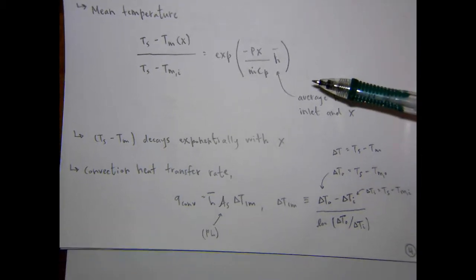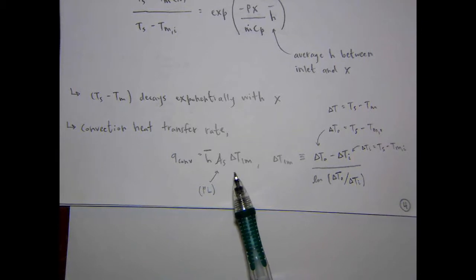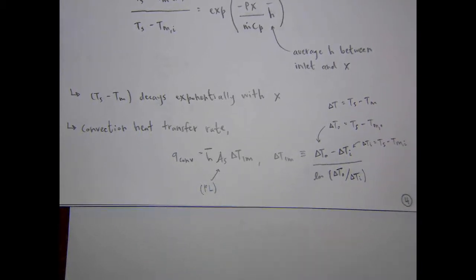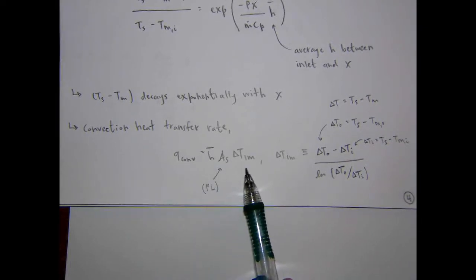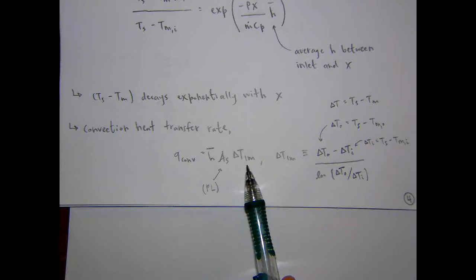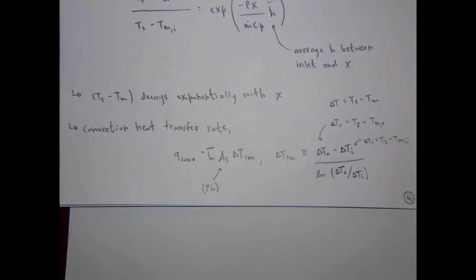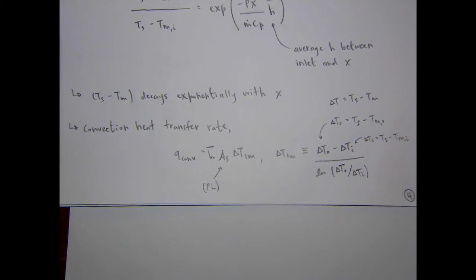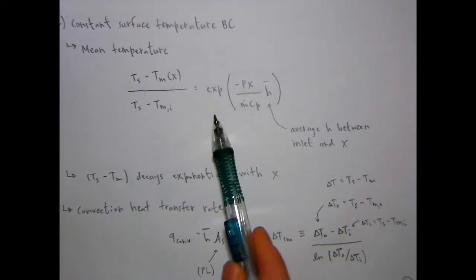And we said that the convection heat rate across the entire tube, or a section of a tube, is going to have to use this log mean temperature difference because the temperature changes exponentially as you increase in x position.